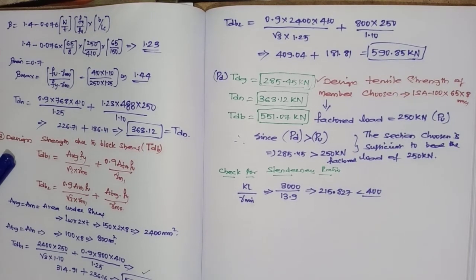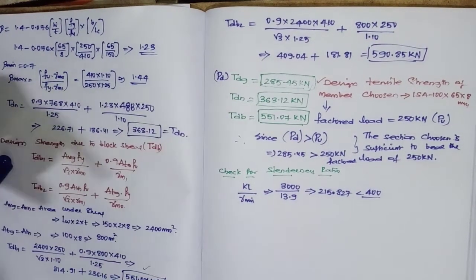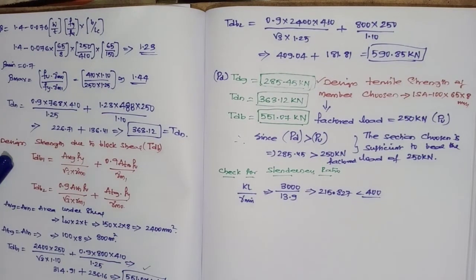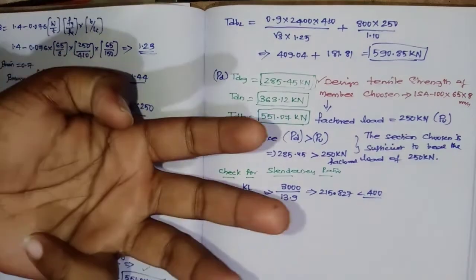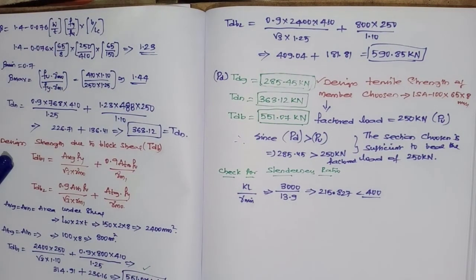Now see here, as I have chosen some section, I got this one. It is not compulsory that everyone should get this 285. What is the difference between analysis and design? In analysis, all the people doing the problem will get the same answer because the section is already mentioned. In design, you may take a different section, I may take a different section. Suppose here I have taken 100 by 65 by 8 mm.